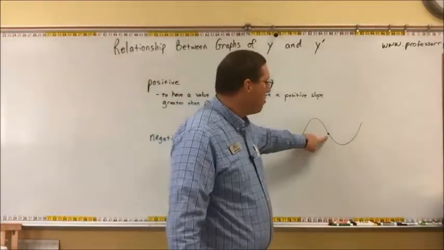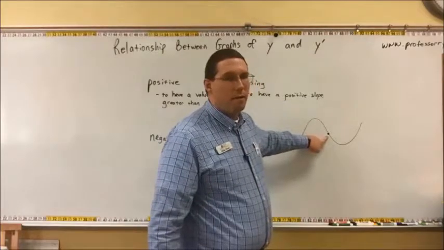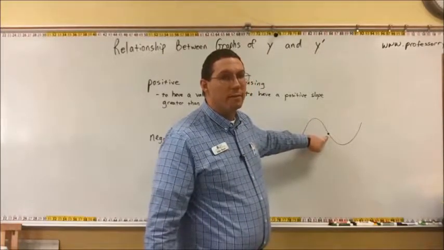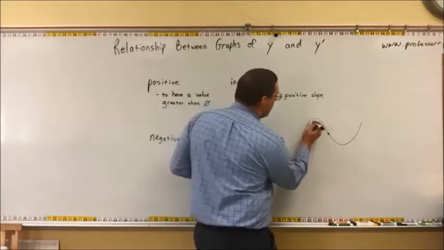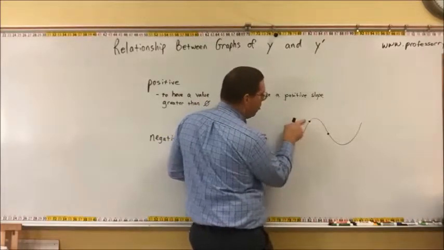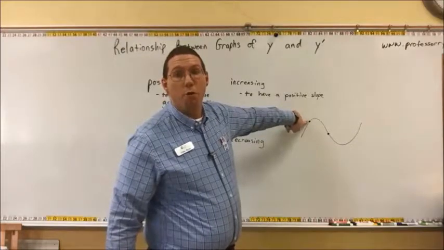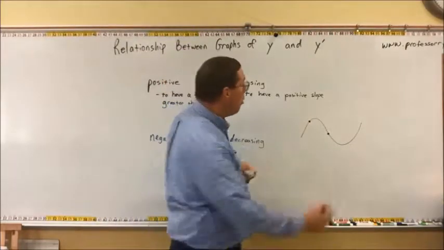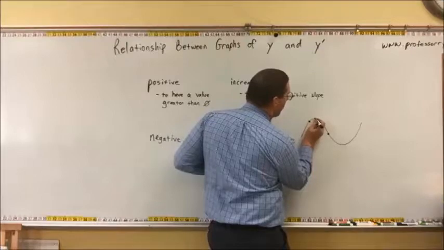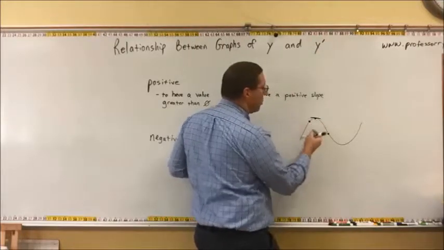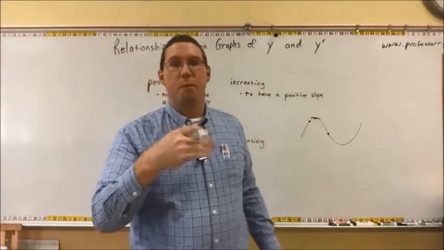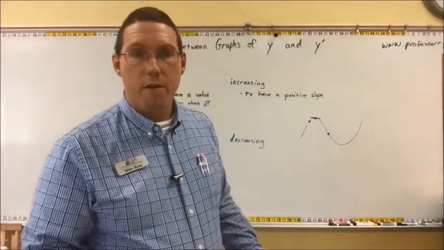Saying that the slope is decreasing is not the same thing as saying that the slope is negative. In fact, at this point right here, the slope is positive, but the slope is also decreasing. See, the slope is positive, but it's approaching 0. And when something is positive but approaching 0, it's decreasing.